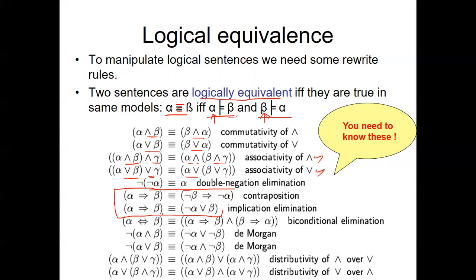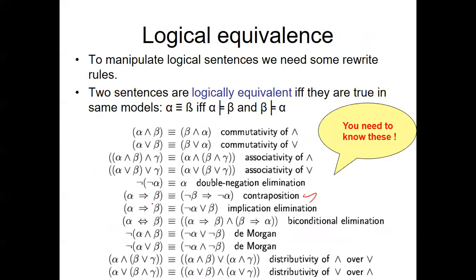Okay. And alpha implies beta can be represented like this. This second representation we use in most places. Instead of writing alpha implies beta, we can also write not alpha or beta.